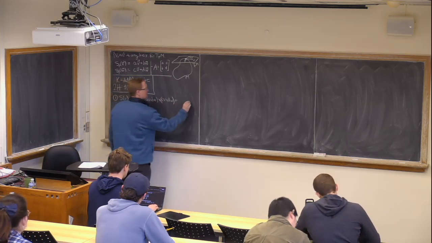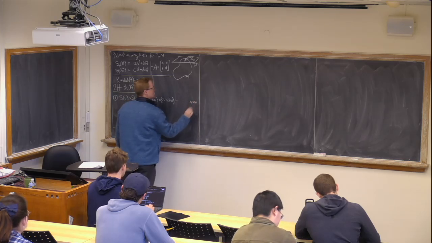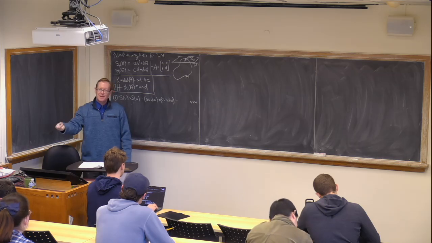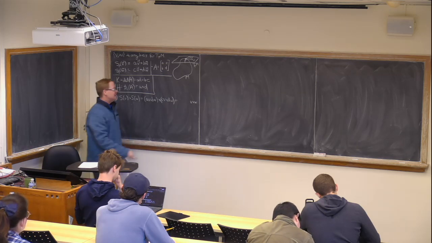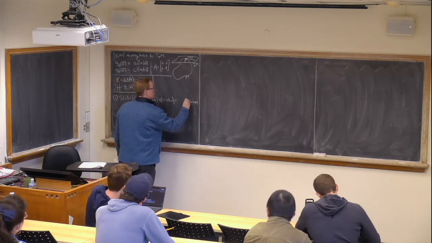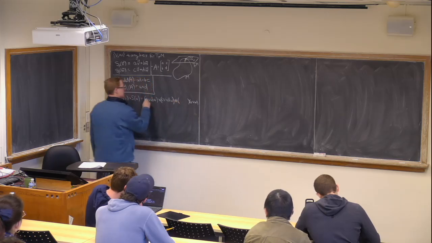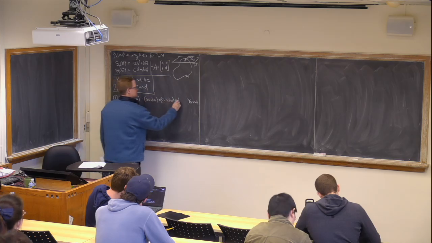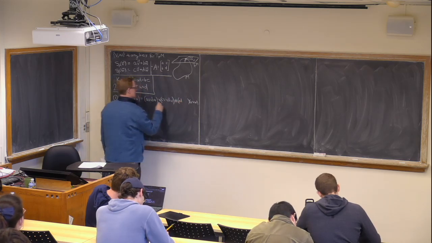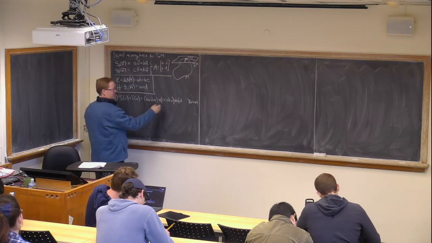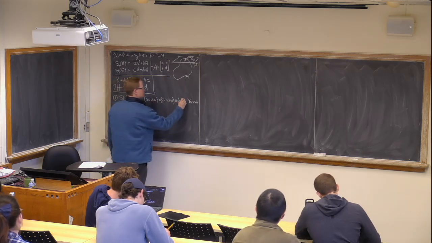One of them is V cross W, and one of them is W cross V, but W cross V is negative V cross W. Y'all remember that? With cross product, when you switch the vectors, it changes by a sign. So I just introduced a minus sign. So therefore, what I'm going to get then is AD V cross W, and then I have a BC W cross V, which is negative BC V cross W.